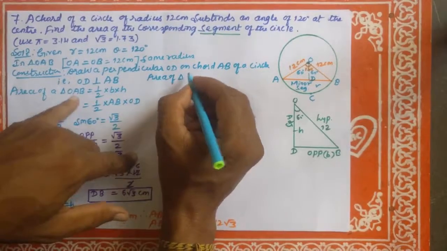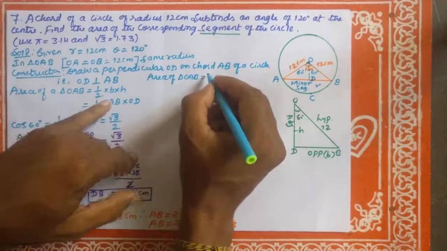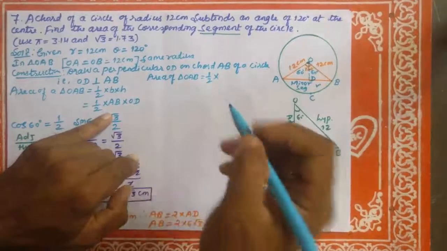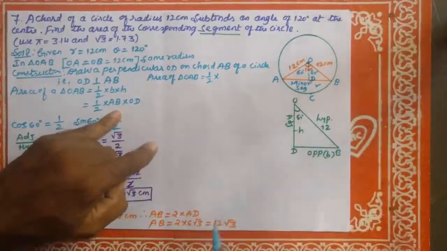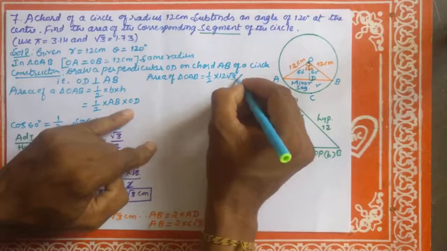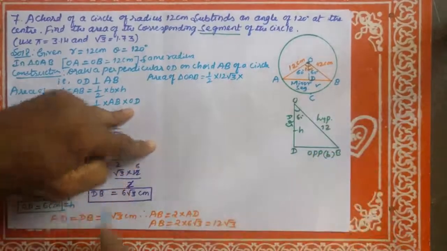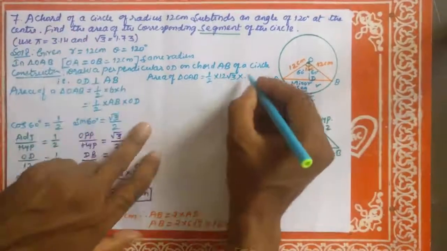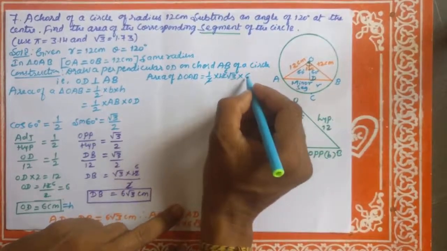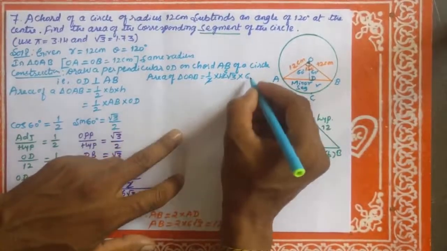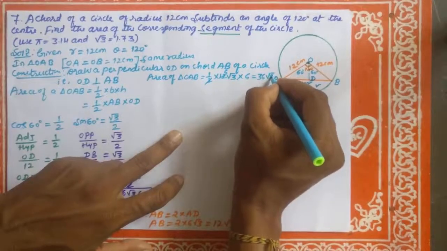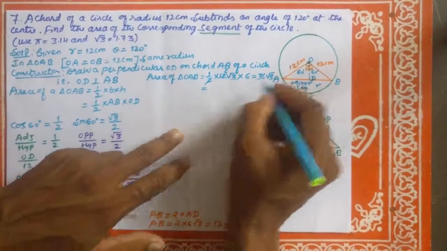Area of triangle OAB is equal to half into AB, which is 12 root 3, into OD, which is 6 centimeter. 2 ones are 2, 2 sixes are 12, 6 sixes are 36, right? Which is equal to 36 root 3.